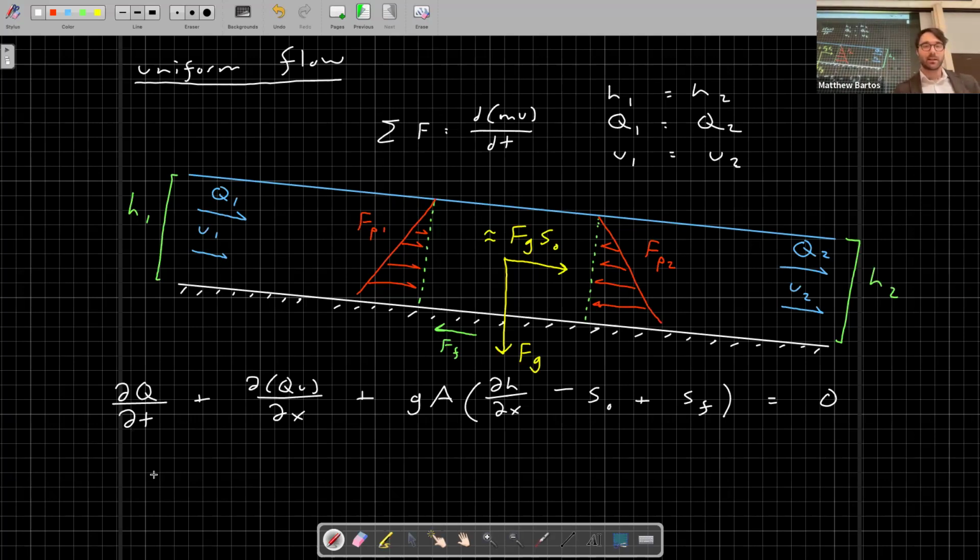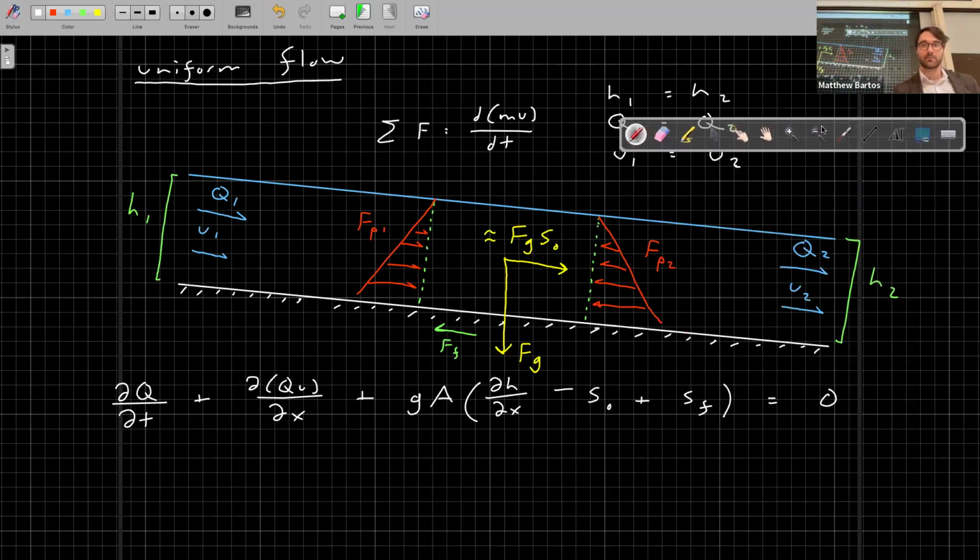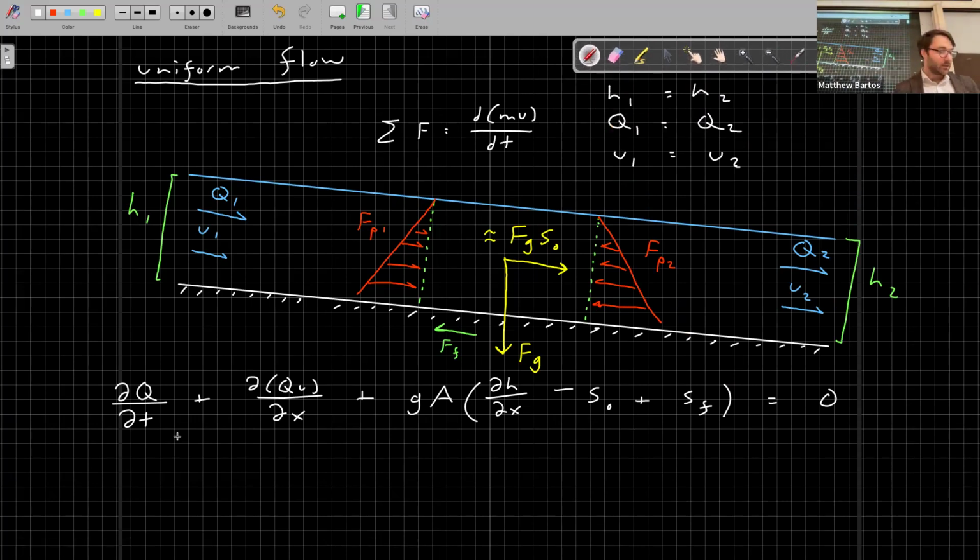So I'm going to rewrite this entire equation. We have dQ/dt. And I'm going to take this term here and break it down using the product rule. So this term becomes u times dQ/dx plus Q times du/dx. This is just from the product rule from calculus.